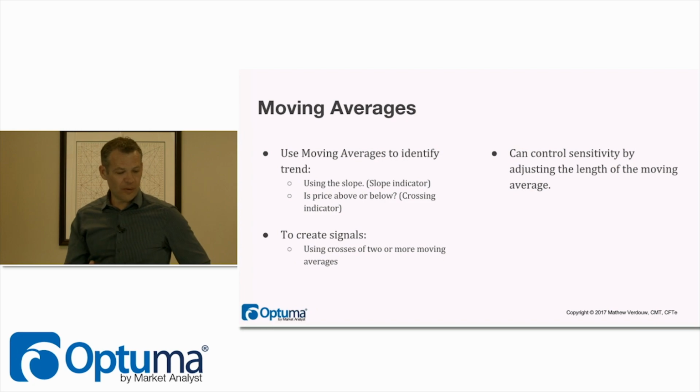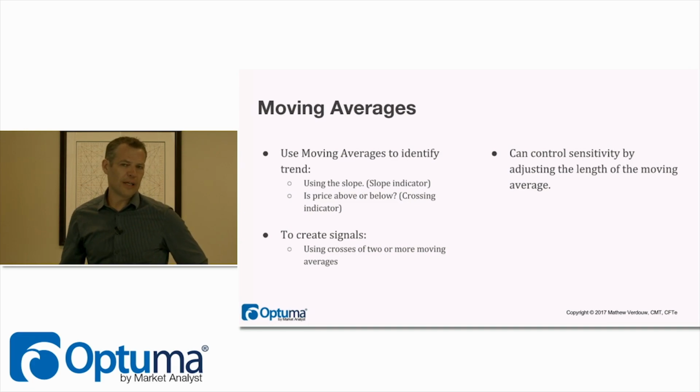Moving averages, again, we're talking about these using the slope as a slope indicator. Is the price above or below, using it as a crossing indicator. Just different ways to use moving averages as we build models. And you'll know from a lot of the indicators we talked about, there's often a signal line, which is a fairly fast moving average of an indicator.